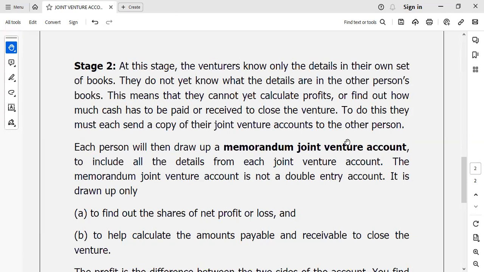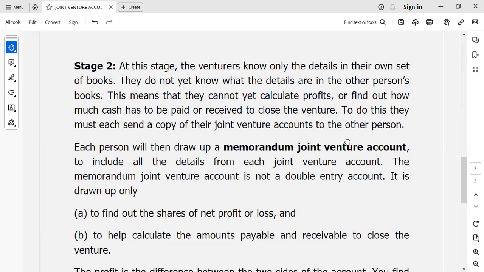The reason is that I know what I have incurred and what I have received, but I don't know what the other party has paid out and received. Still, we cannot find out how much cash has to be paid or received to close the venture, because the venture has to be closed at the end of the project.